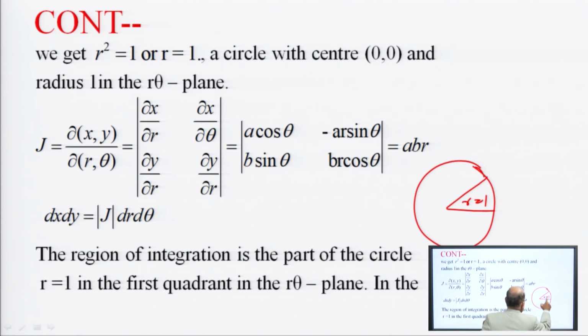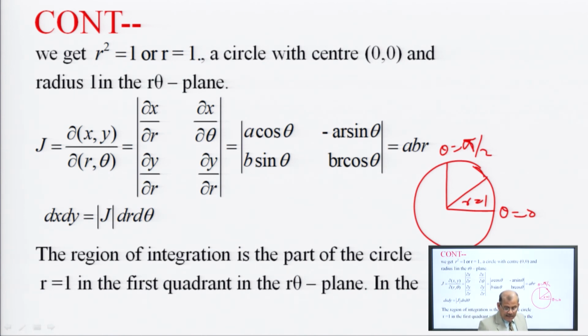Theta varies with r equal to 1. Theta equals 0 is the initial line, and theta equals pi by 2 is the perpendicular line, which is approximately the y axis.